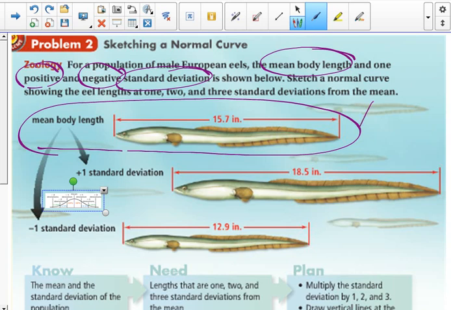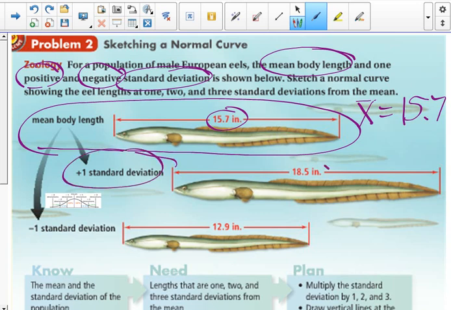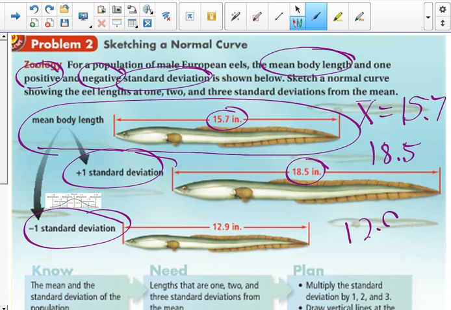So x bar is equal to 15.7 inches. And then they said a positive standard deviation is 18.5 inches. And then a negative standard deviation is 12.9.